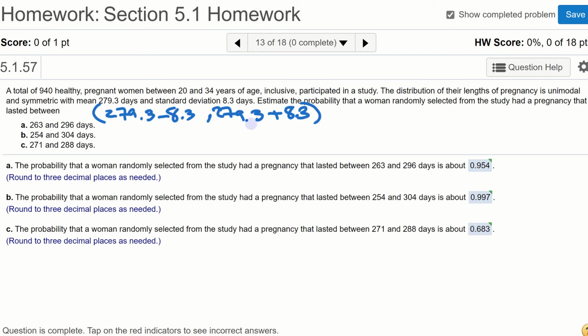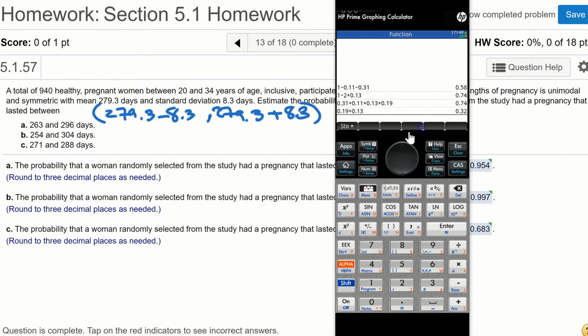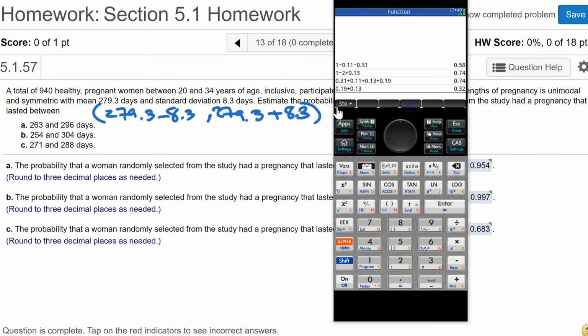So basically, if we take care of that calculation, so we have 279.3 minus 8.3.